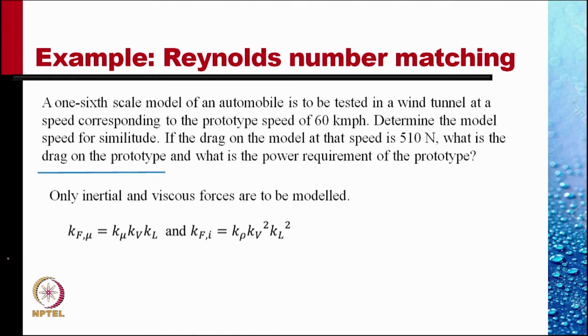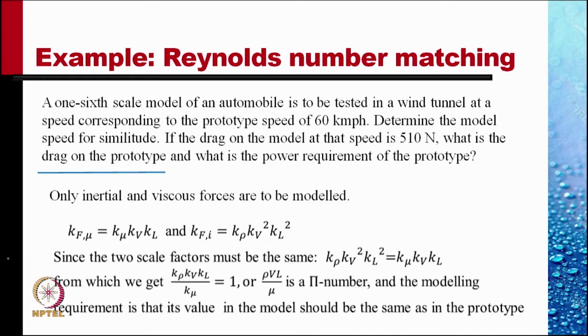As we have just seen, Kf mu, the viscous force scale factor, is K mu Kv Kl, and the inertial force scale factor is K rho Kv square Kl square, just obtained. The two scale factors must be the same, and from this we get K rho Kv Kl divided by K mu is equal to 1, or from this we can obtain rho Vl by mu as a pi number.